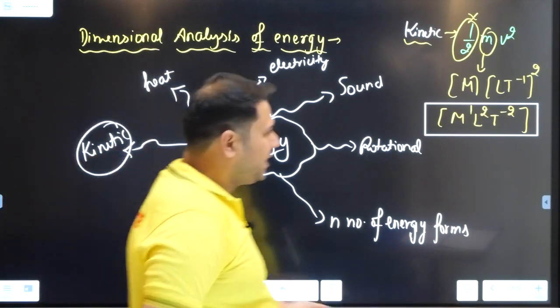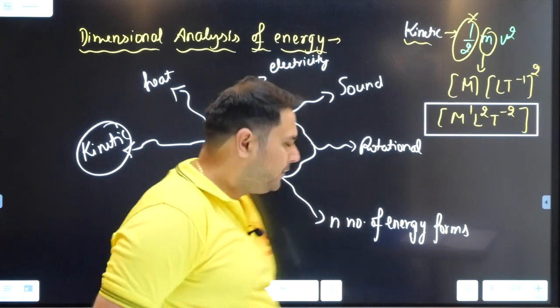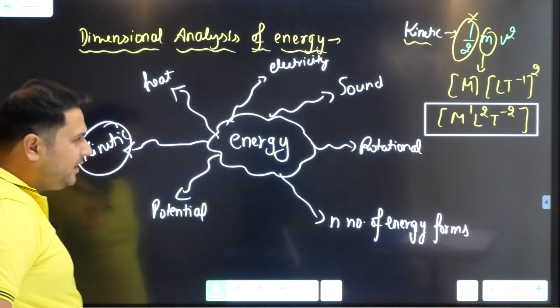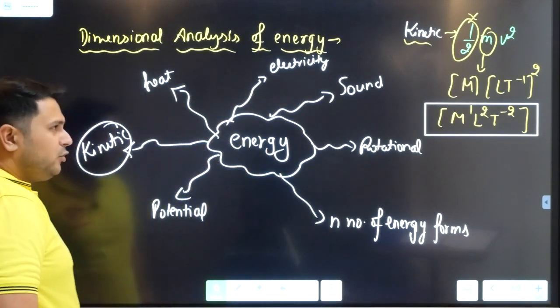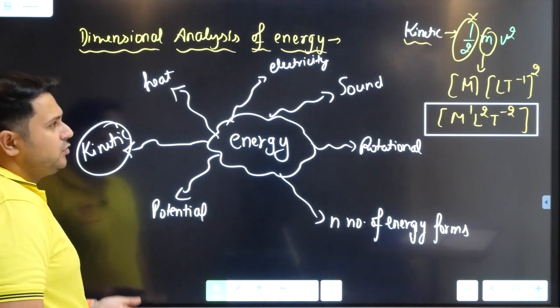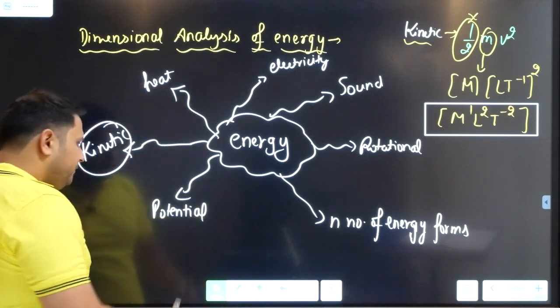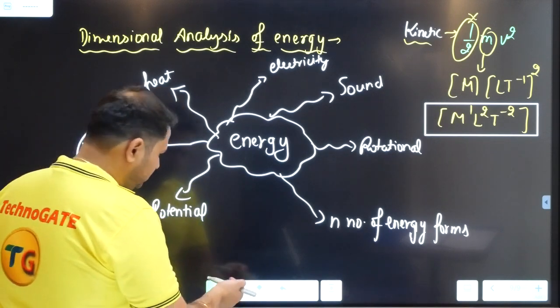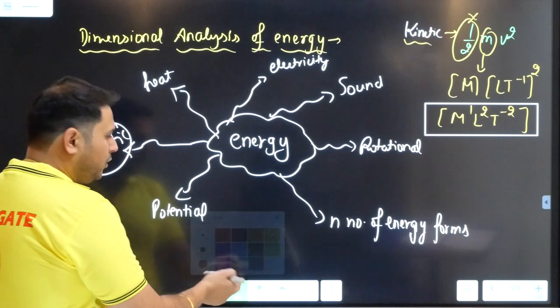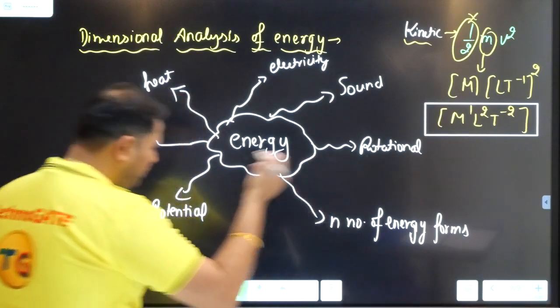The form of energy can be any, but this is going to be the same. If you are not ready to believe me, I can show you some more examples. Don't worry. I'll show you one more example, then you will believe me.